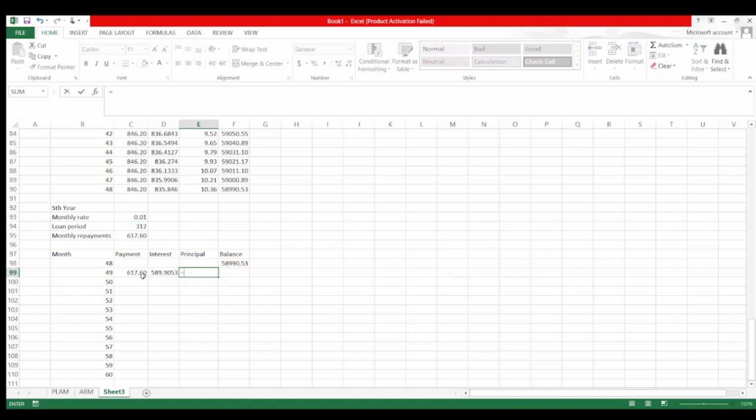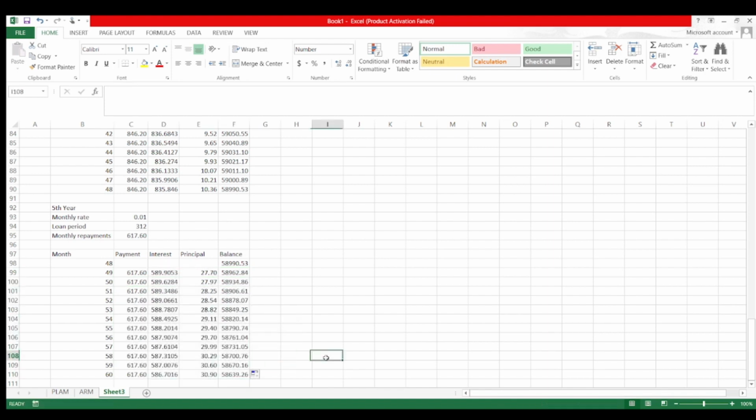Principal, take the payment less the interest. And the loan balance, take the earlier balance less the principal paid during that period. Then simply drag it down to the end.